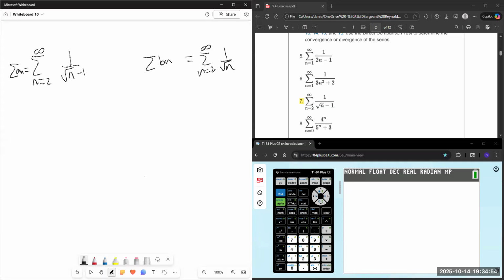And because I have made the denominator bigger, BN is smaller. So BN is smaller than AN for all n greater than or equal to 2. Since I started at 2, I just need to make the statement about what my restrictions are here.